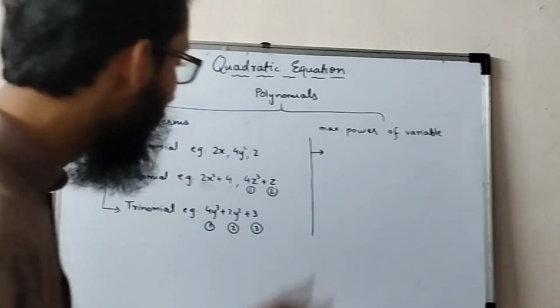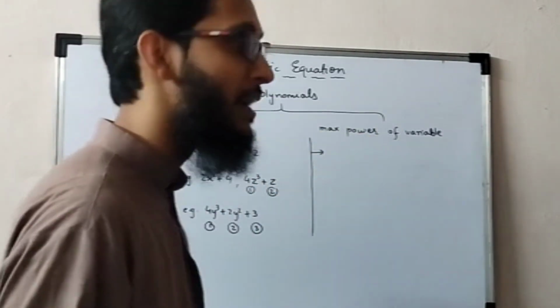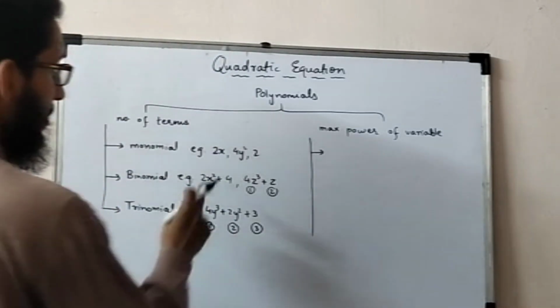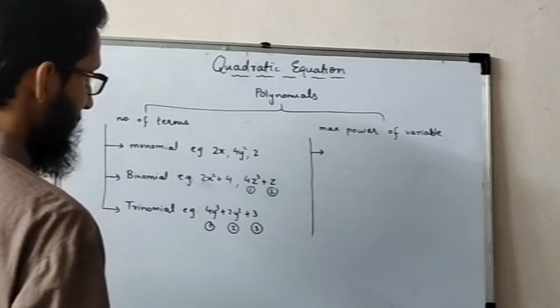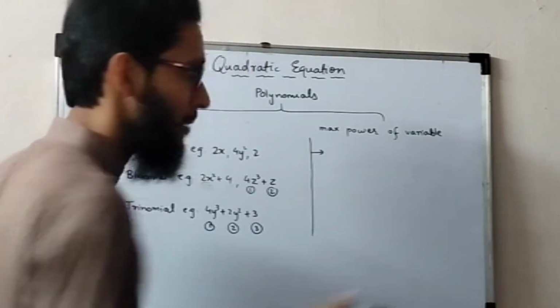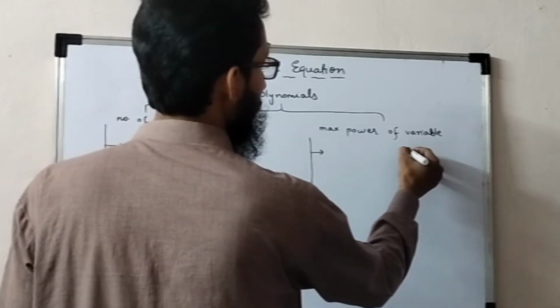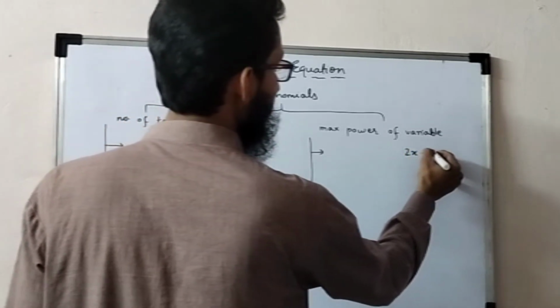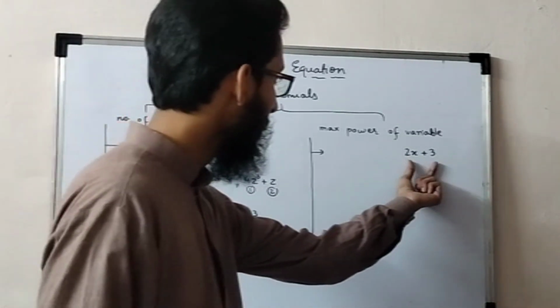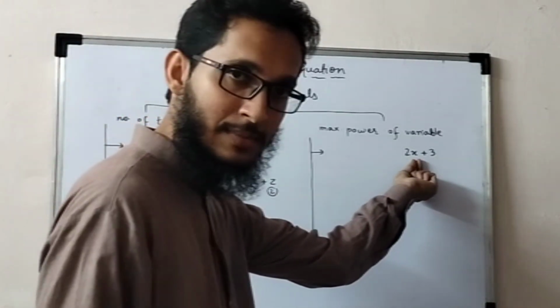First of all, what is the meaning of this maximum power of variable? If you see this example, 2x, okay, if we take, okay, I will take another example, 2x plus 3. Okay, this is the polynomial. In this polynomial, we have variable x.